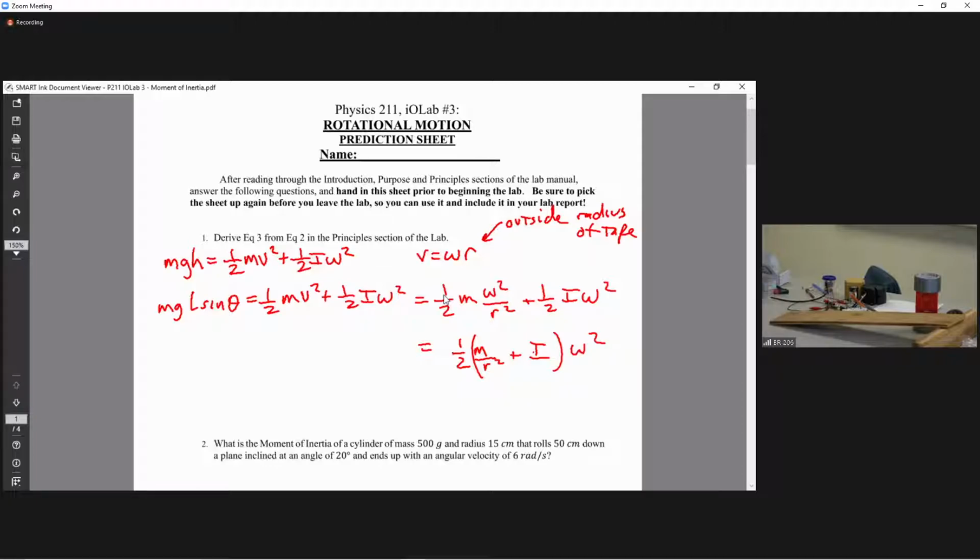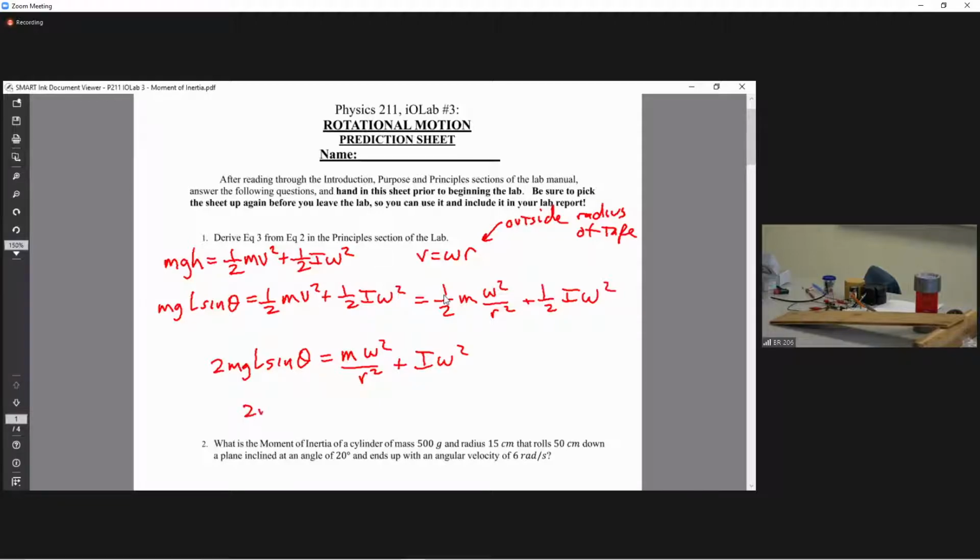Now I'm going to isolate I. I've got to start multiplying the other side, so I have 2mgL sine theta equals m omega squared over r squared plus I omega squared.